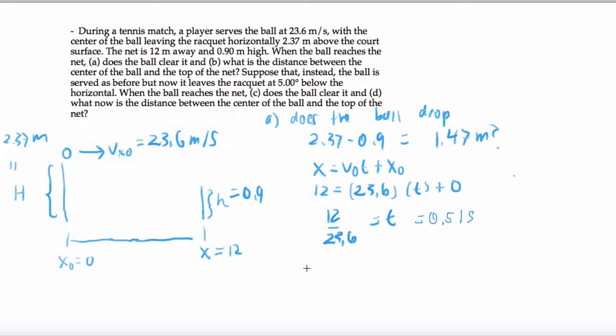Now let's see how far it falls in that time. y equals 1/2 g t squared. And let's see how much it was. So 1/2 times 0.51 squared times 9.81.